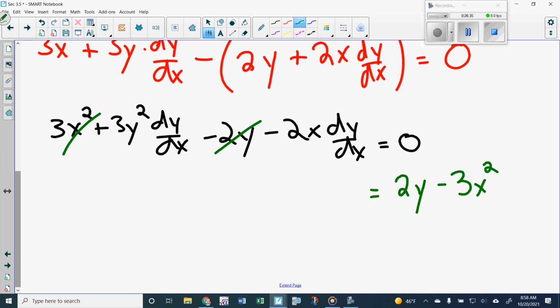Now, everything that's left with the dy dx, let's factor out the dy dx, and we're left with 3y squared minus 2x.